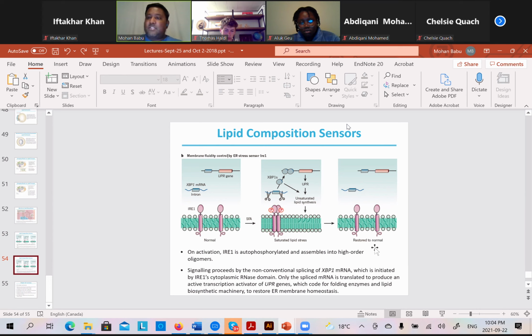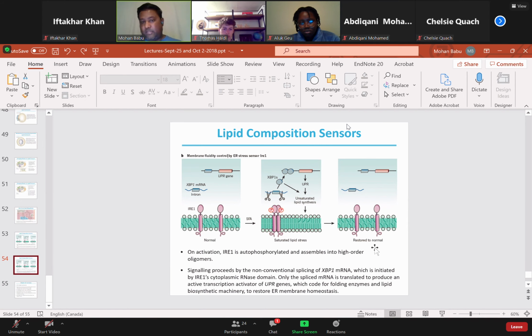Is that right? So under stressful conditions, autophosphorylation will happen. The autophosphorylation will lead to transcription of this activator, the UPR genes, but that can happen only when you have a spliced mRNA that gets translated. And that allows for proper folding of the enzymes, which leads to proper restoration.